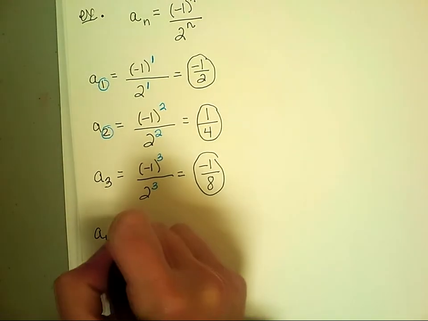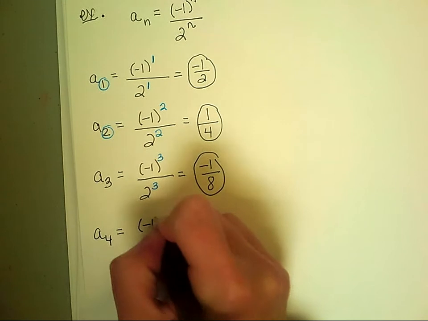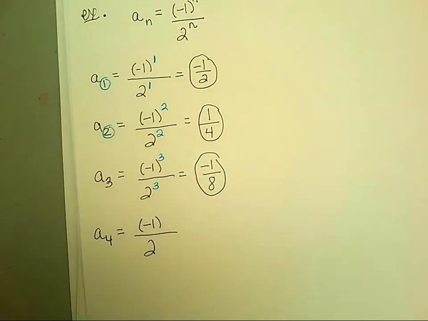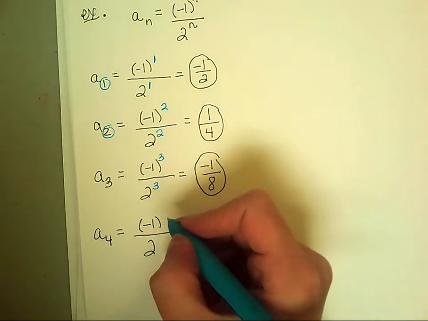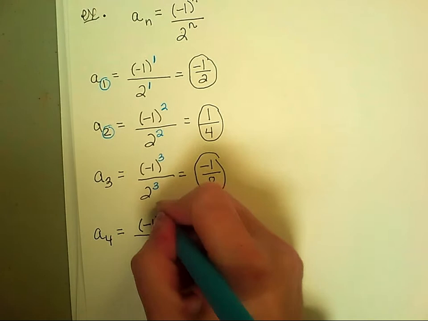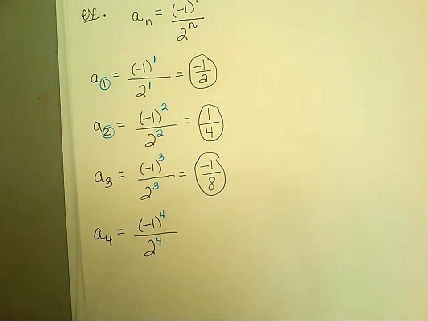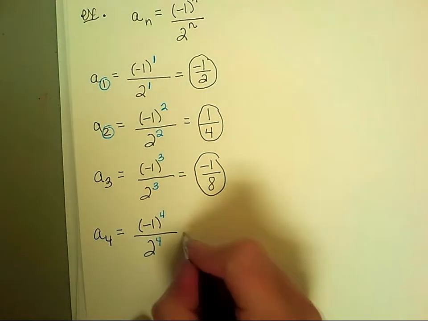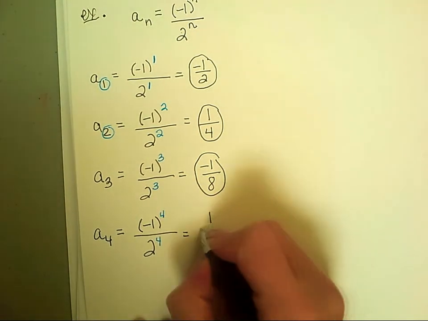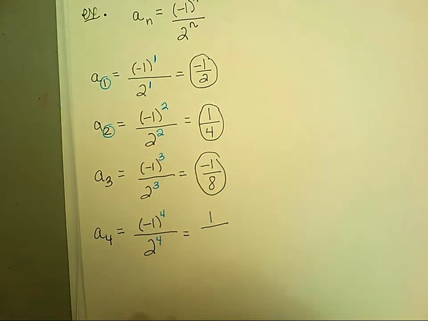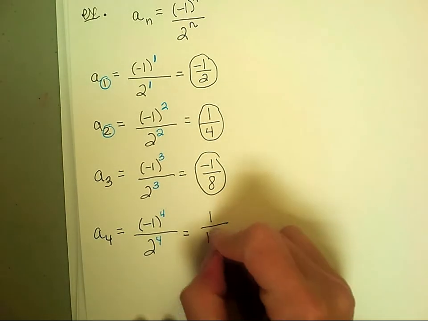A sub 4, again, negative 1 to the n over 2 to the n. And now n is equal to 4. And negative 1 to the 4th is positive 1, and 2 to the 4th, 8 times 2 is 16.